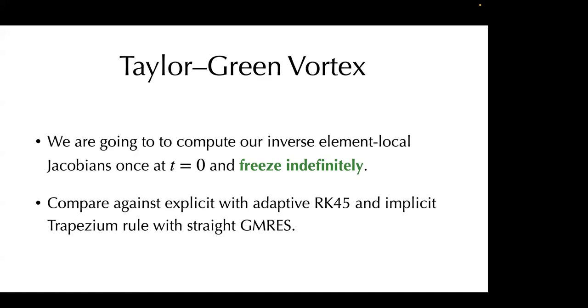So the Jacobians that are being used for our preconditioning are going to be frozen throughout the entire simulation. What we're going to compare against is explicit time stepping with adaptive RK45 and the trapezium rule with straight GMRES without any kind of preconditioner.